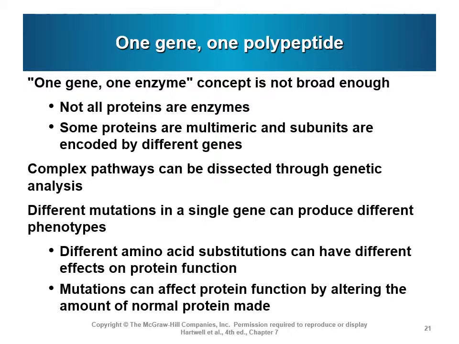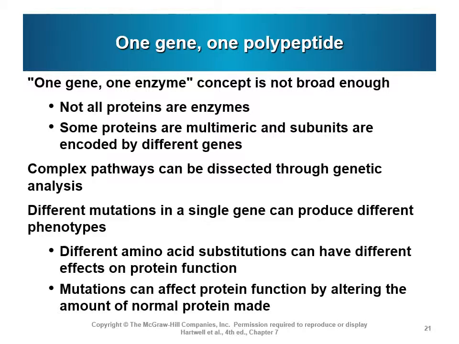Examples are the case of interleukin or sickle cell anemia. Different amino acid substitutions, such as basic to basic, basic to nonpolar, or positive to negative, can all have a very broad spectrum of effects on protein function.